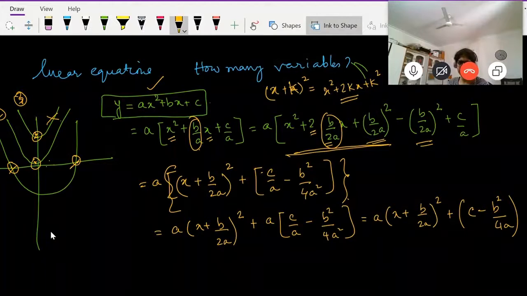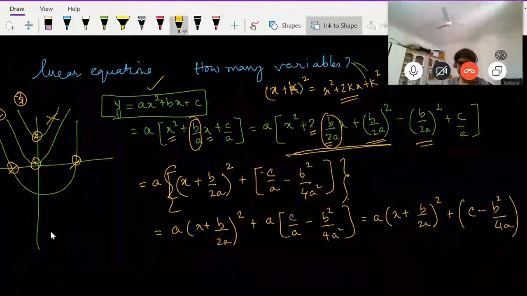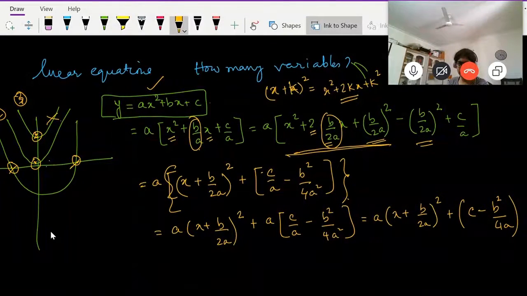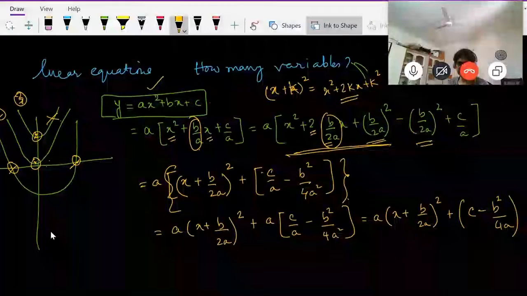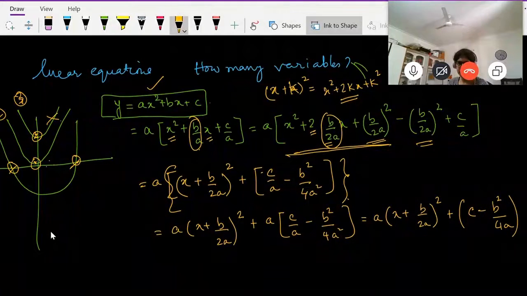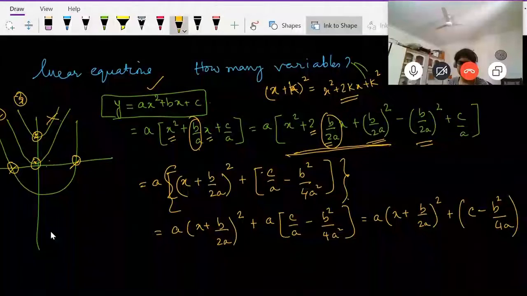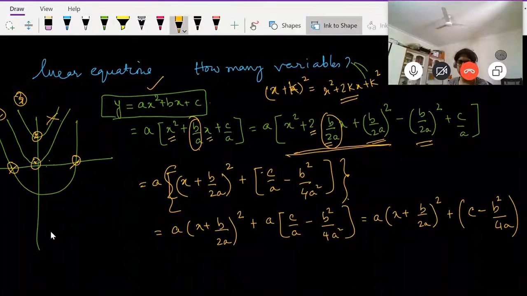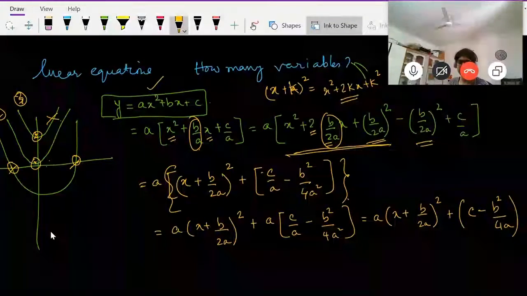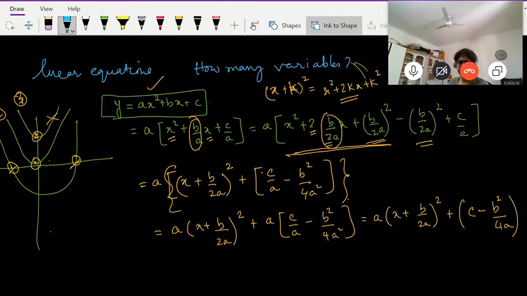Okay. Now why did I do all of this? Because I wanted to find out the condition under which this curve will intersect the x-axis, right? Now look at this carefully.